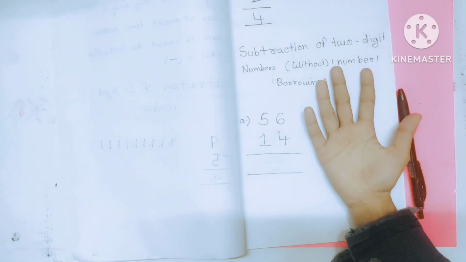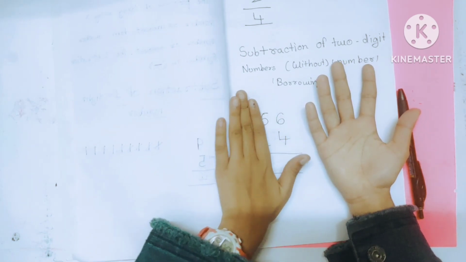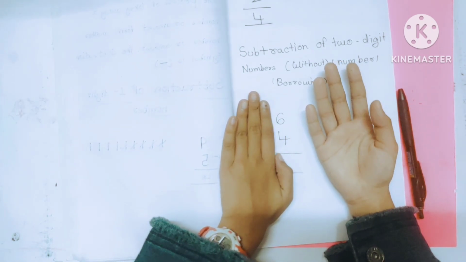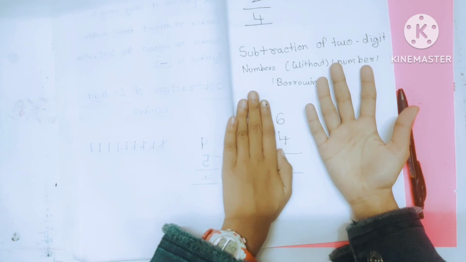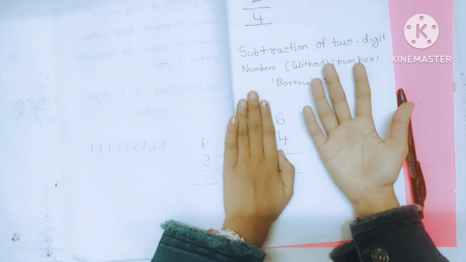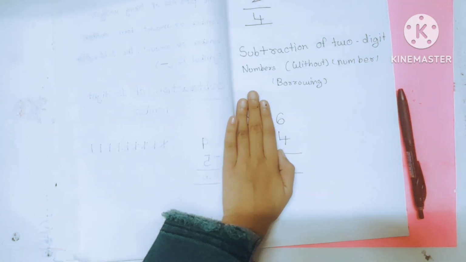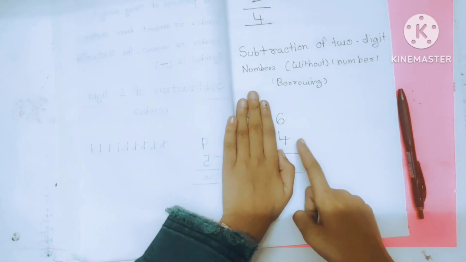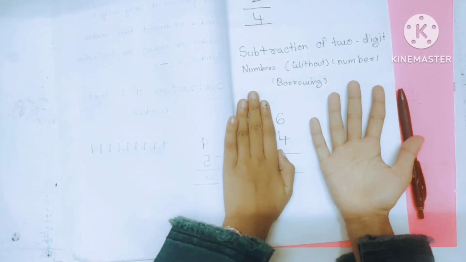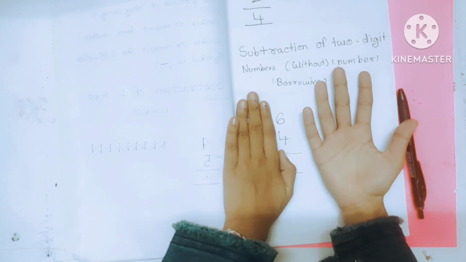Then which number do we have to keep in our mind? Don't look at these numbers. The number is 6, the bigger number in our mind. So 6 in our mind.